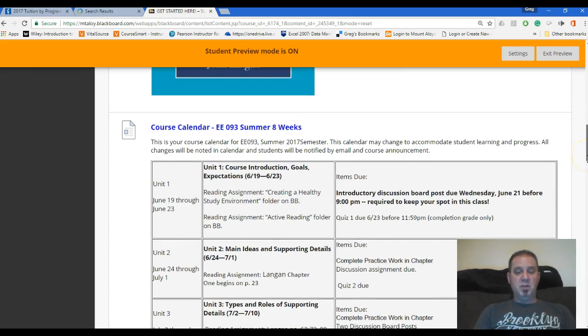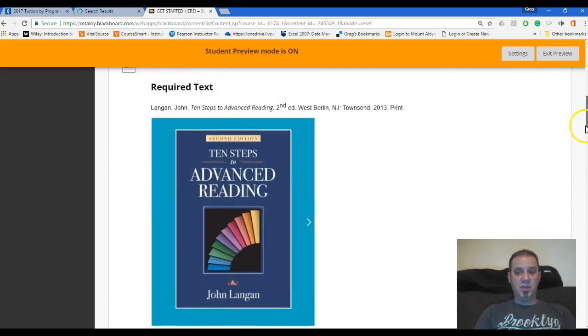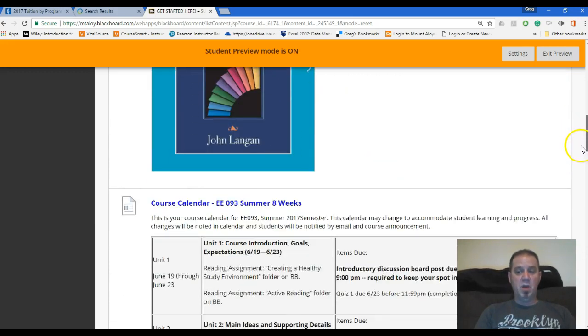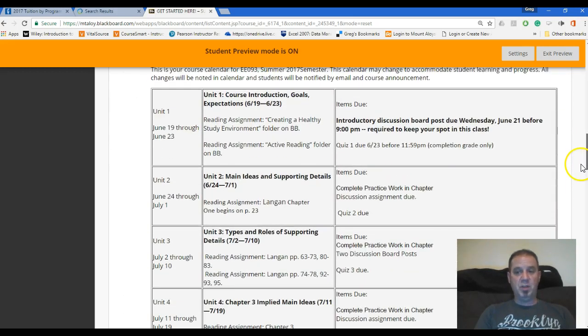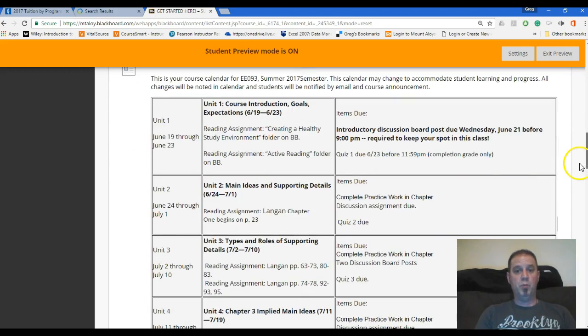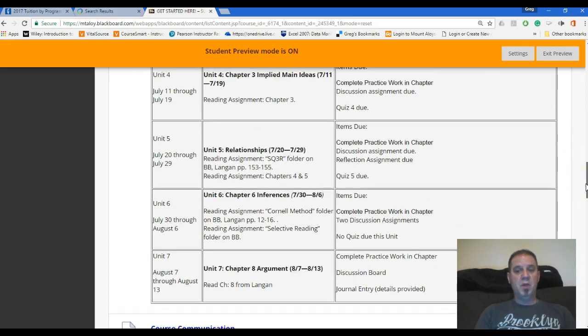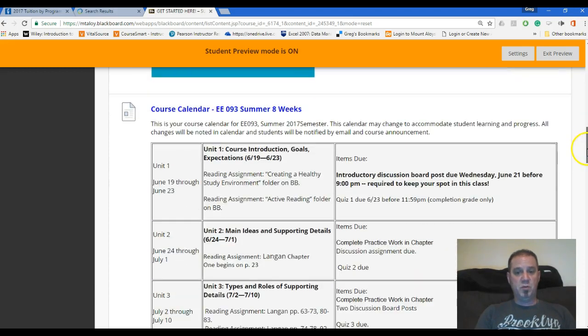As I mentioned a couple minutes ago, I have the course calendar in the syllabus. If I need to make changes to it, I will not make the changes to the actual syllabus calendar, but I will make those changes here in this area. Again, we're in the Get Started Here area in Blackboard. Please make sure that you read through the course calendar.